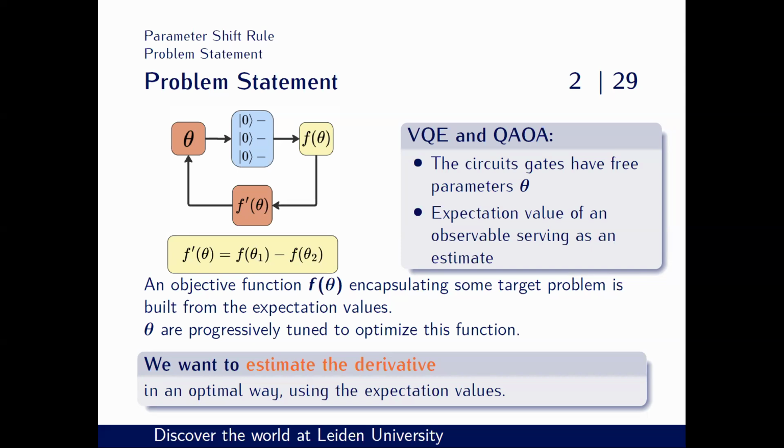So the target is to calculate the derivative somehow using the results of your quantum circuit. The ideal dream is to calculate this derivative just using the results of the circuit, not using any other stuff. So something that would ideally look like a linear combination of the results of your quantum circuit.